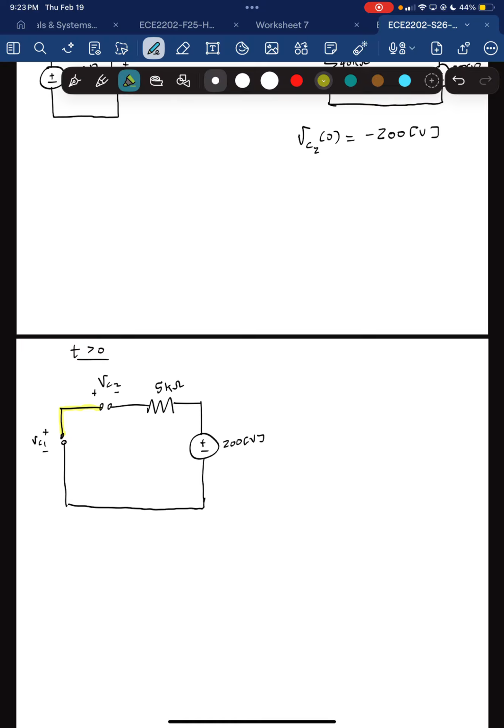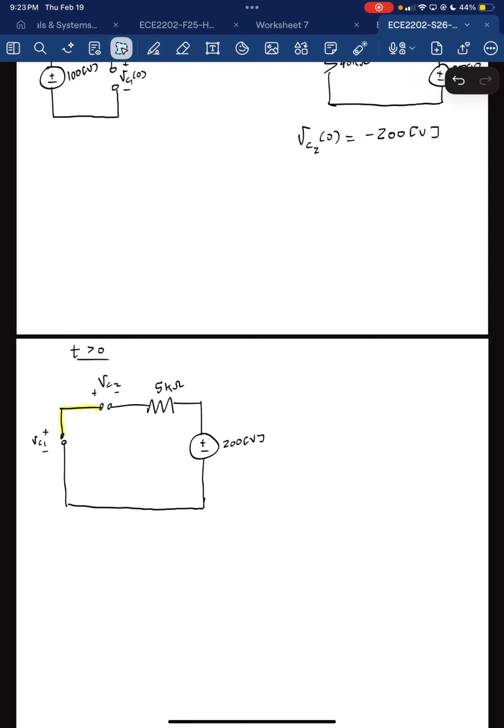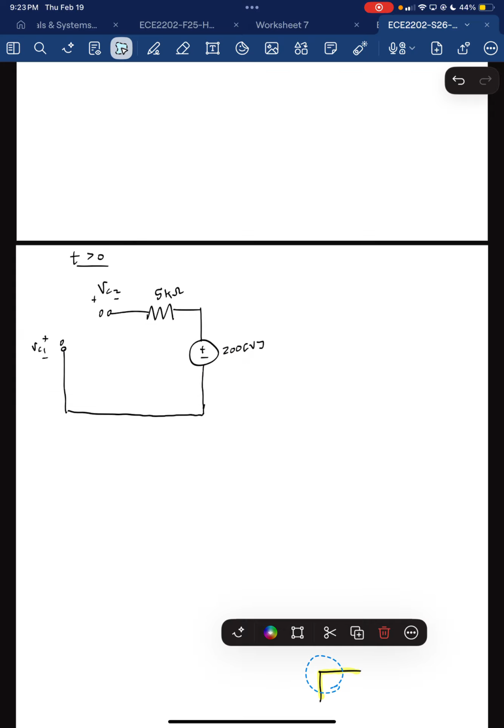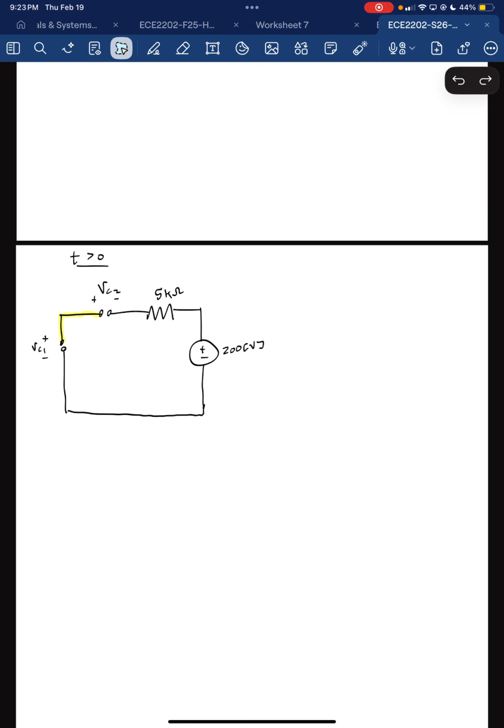That's what we call a floating voltage point. Because it's disconnected from the circuit, we can literally move it anywhere we want. There's no way we can solve for a voltage across a floating wire. So we're going to have to do something different.